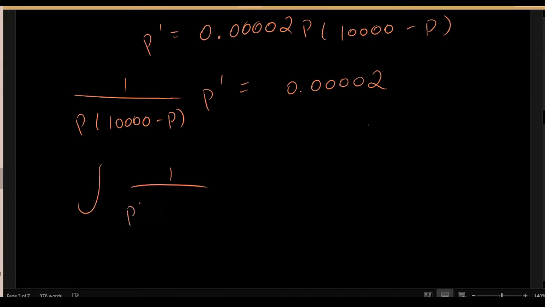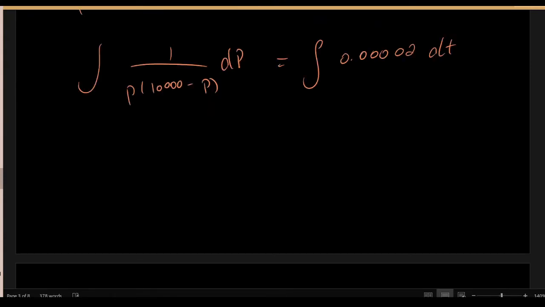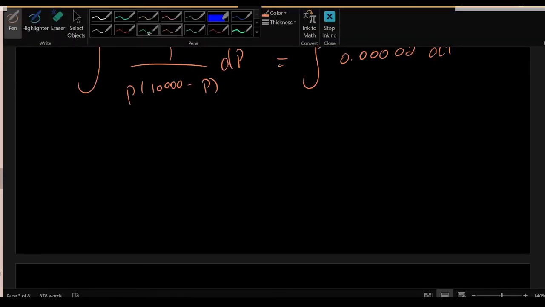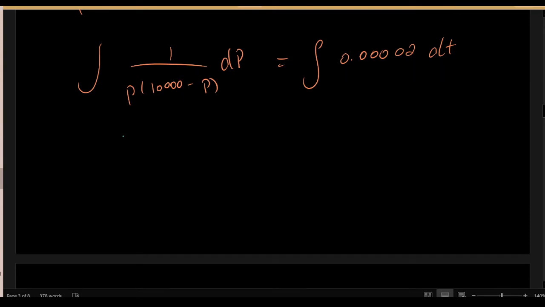Integrate the left side with respect to p, and integrate the right side with respect to the independent variable, in this case t for time. Now, it's common when integrating an autonomous differential equation to need to do partial fraction decomposition. In this case, I'll need to decompose the fraction in the left integral in order to be able to integrate it.